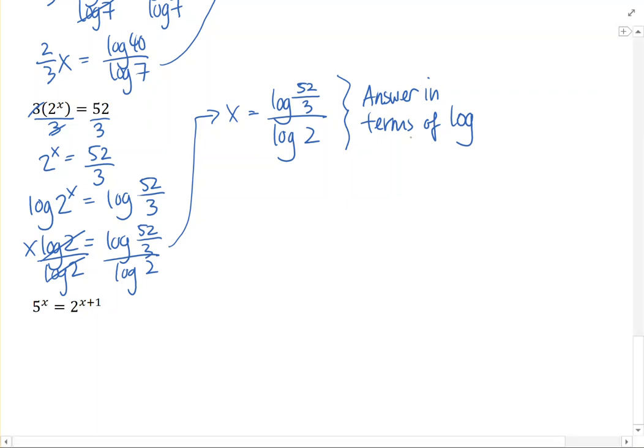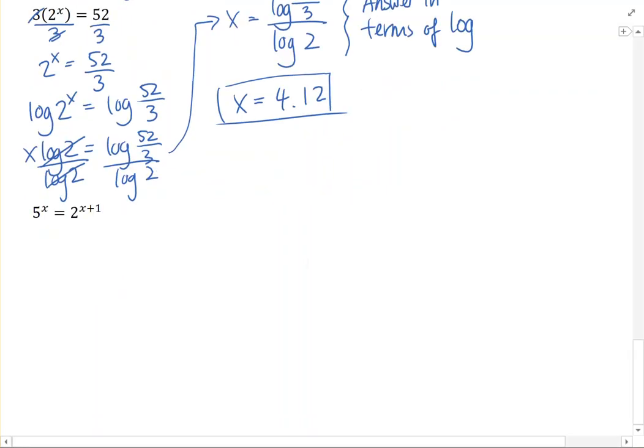So when I say answer in terms of log, this part is when you'll stop. But if I do want an answer, you'll need to punch it into your calculator. So it's log 52 divided by 3 divided by log 2. And you should get a final answer, if you're rounding to the nearest hundredth, 4.12. That'll be to the nearest hundredth, or 2 decimal places.